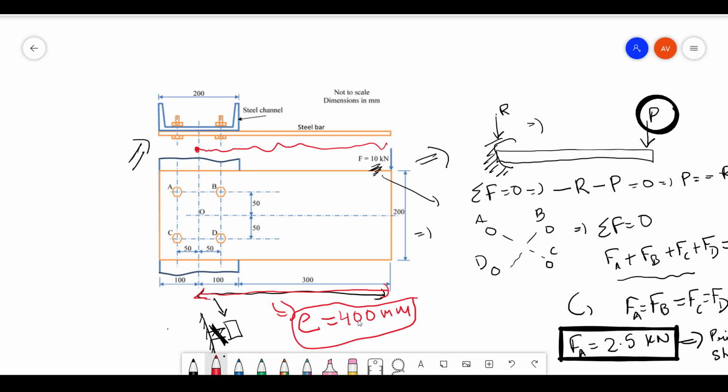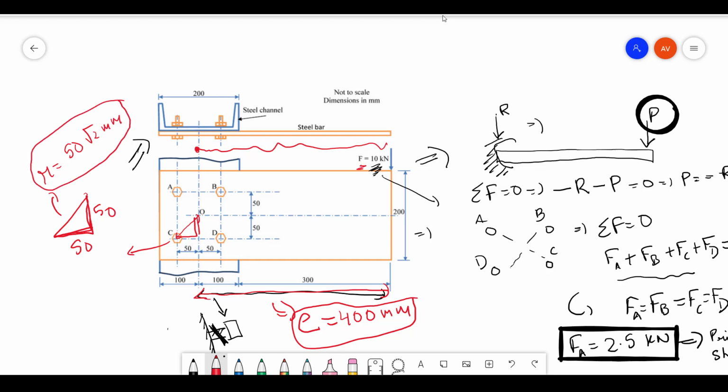Okay, and your R is this distance. So how will you get that? If you look at this, this is a right angle triangle. So here 50, here 50, so your R is going to be 50 root 2 mm.